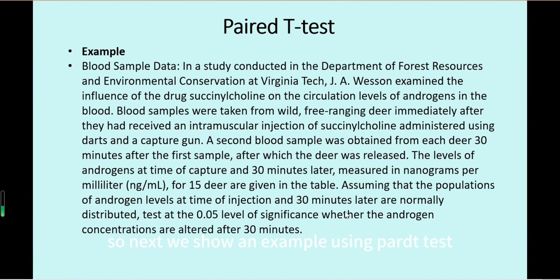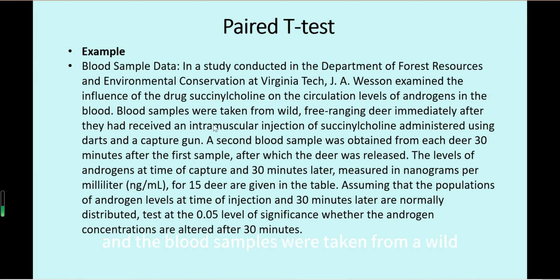Next we show an example using the paired t-test. This example is based on blood sample data in a study conducted in the Department of Forest Resources and Environmental Conservation at Virginia Tech. Wilson examined the influence of the drug succinylcholine on the circulating levels of androgens in the blood.